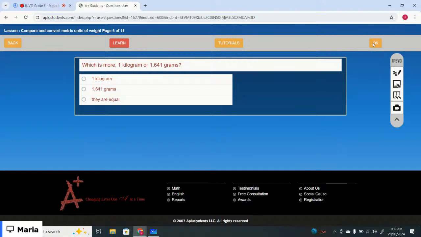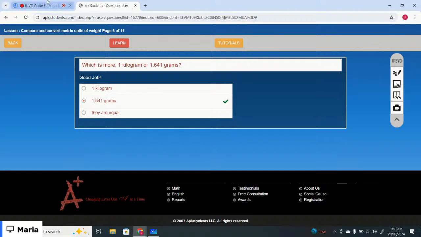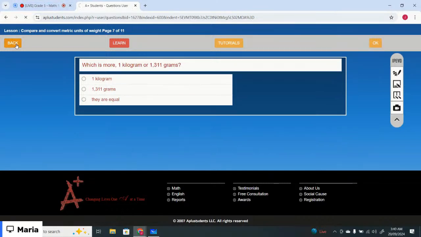That is 1641 grams, right? Because in 1 kilogram you have 1000 grams. So 1641 is more than 1000 grams, right? Option number 2 is the correct option. Okay, you can complete the lesson by yourself later today.